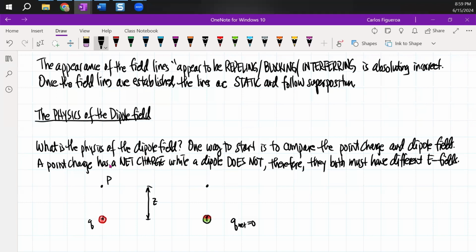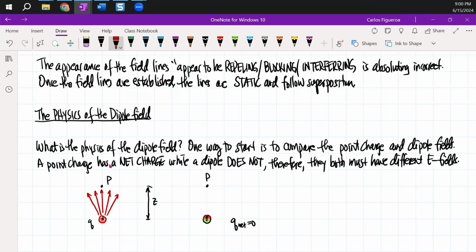So this is going to be the point P. Now let's draw the fields. If I look at a point charge, I'm going to have a field line that goes like this. Then it starts to spread out, but it's symmetric and it's doing something like this here.